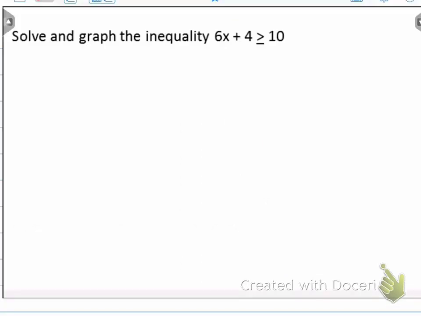Solve and graph the inequality. So, again, let me make a line down the middle. So let's solve this for x. I need to get this guy alone, x. So my steps are as follows.